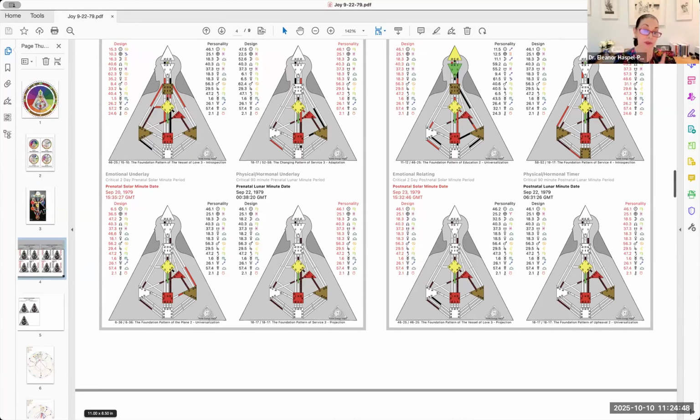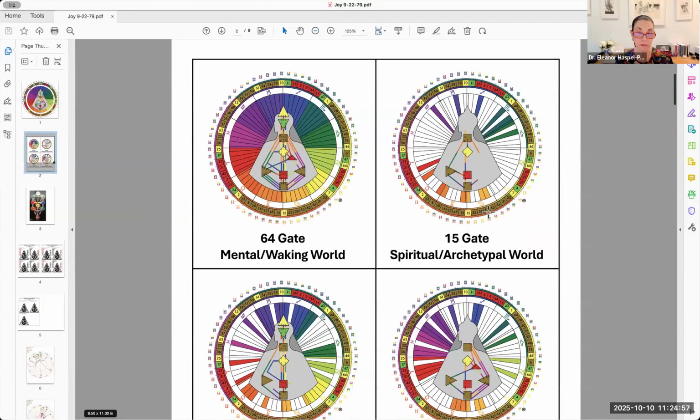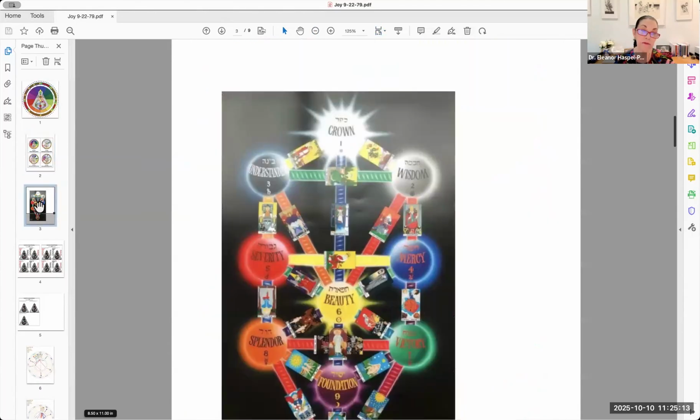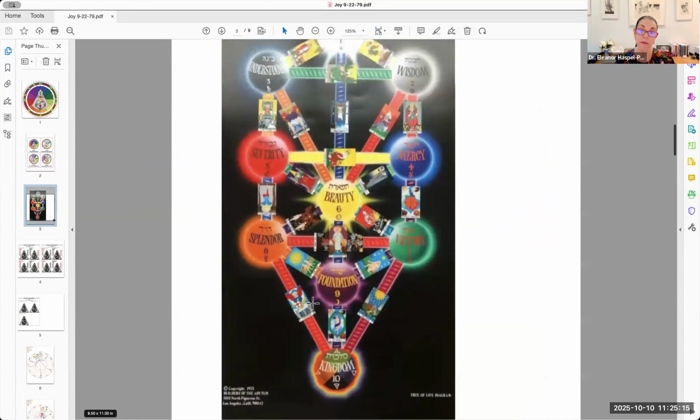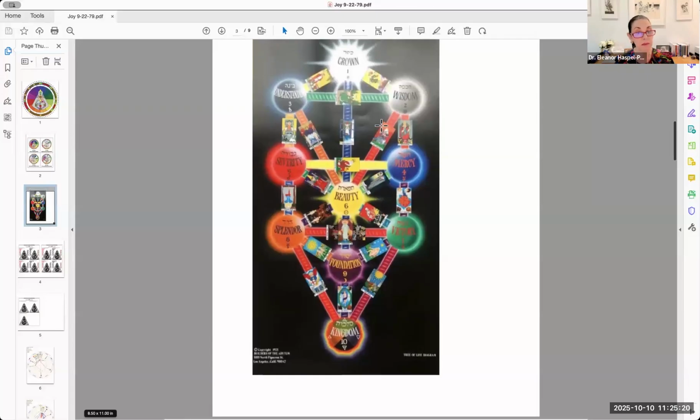I want to show you something in the Tree of Life. Now remember, when I showed you these four images, I showed you that the solar plexus only exists in the physical, biological, and mental waking world, not in the world of spirit. In the Tree of Life, we have what we call the paths of intelligence.